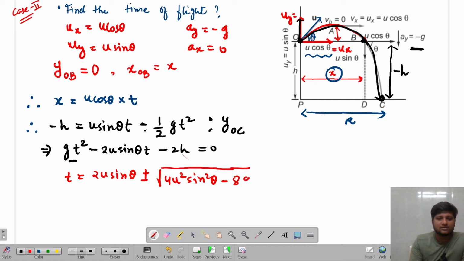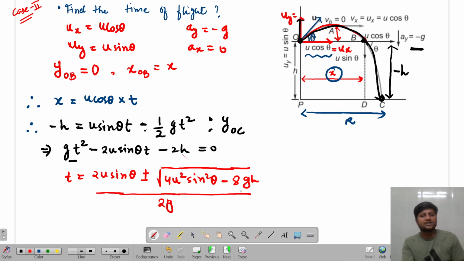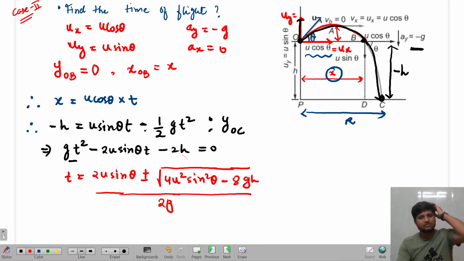So minus b plus minus root over b square minus 4ac divided by twice a. This is your particular quantity, roots of the quadratic equation.